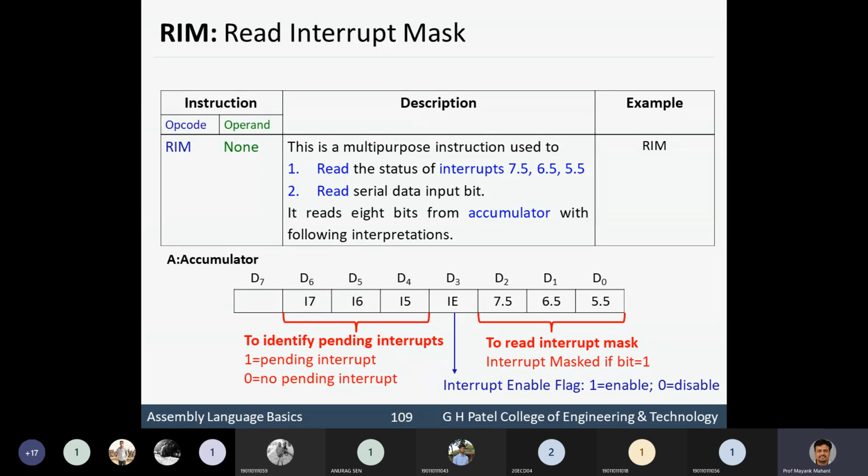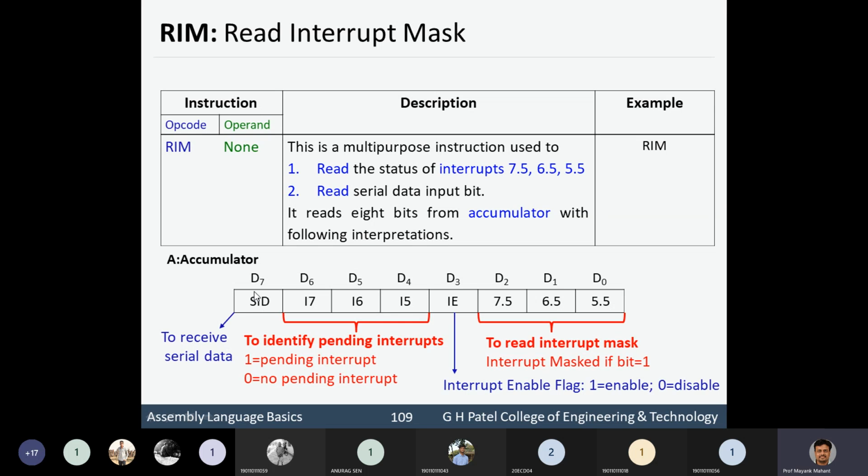If you provide the service routine to that interrupt, then it would not be in a pending state. But if the service is not being provided to that interrupt, the interrupt would be in the pending state. So this particular thing will help you to know whether the interrupt has been given service or it is pending.